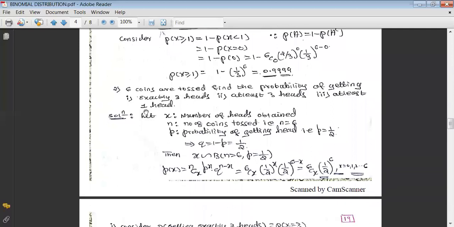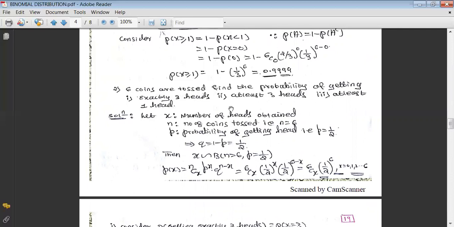Now let us go for one more example. It goes like this. 6 coins are tossed. Find the probability of getting first one exactly 3 heads, second one at least 3 heads, third one at most 1 head.